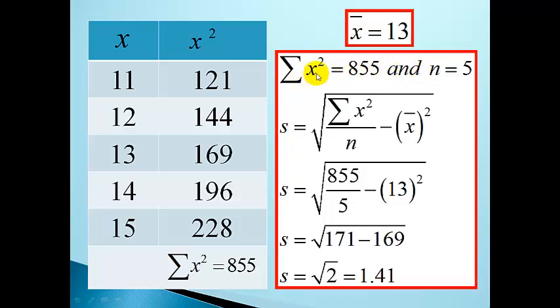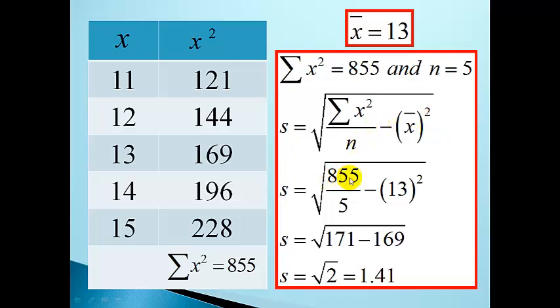Summation of x squared is equal to 855. That is when you sum all the x squared values. The x squared values are gotten by squaring all the x values. So summation x squared equals 855 and n is equal to 5. So s is equal to the square root of summation x squared over n minus mean squared.